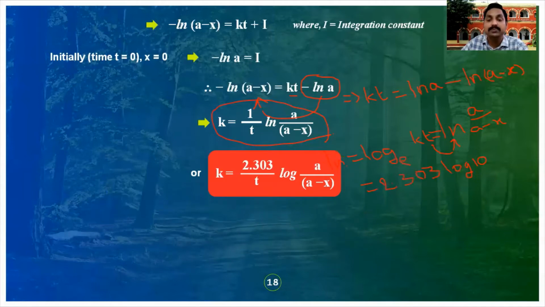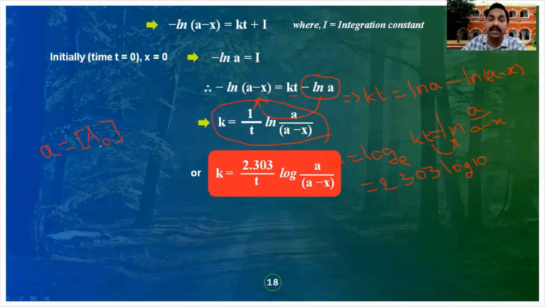We can write this small a in terms of capital A also. How? What is small a here? It is the initial concentration. We have already seen this initial concentration small a; we can also write it as the concentration A naught. This means the concentration of A initially, at time t equal to 0. So in place of small a we can write capital A naught.